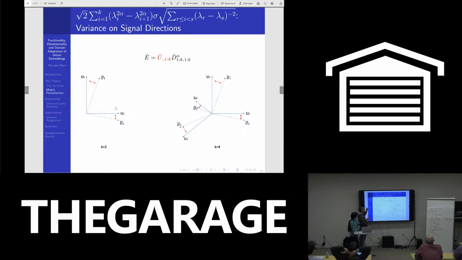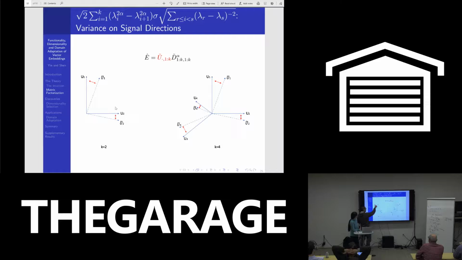And remember, there's also a third term in the expression, and that is the variance on the directions of the signal, which is the first term, the U term, the singular vectors. Suppose we have a small dimensionality for our training embedding. Then we only have a small set of signals.